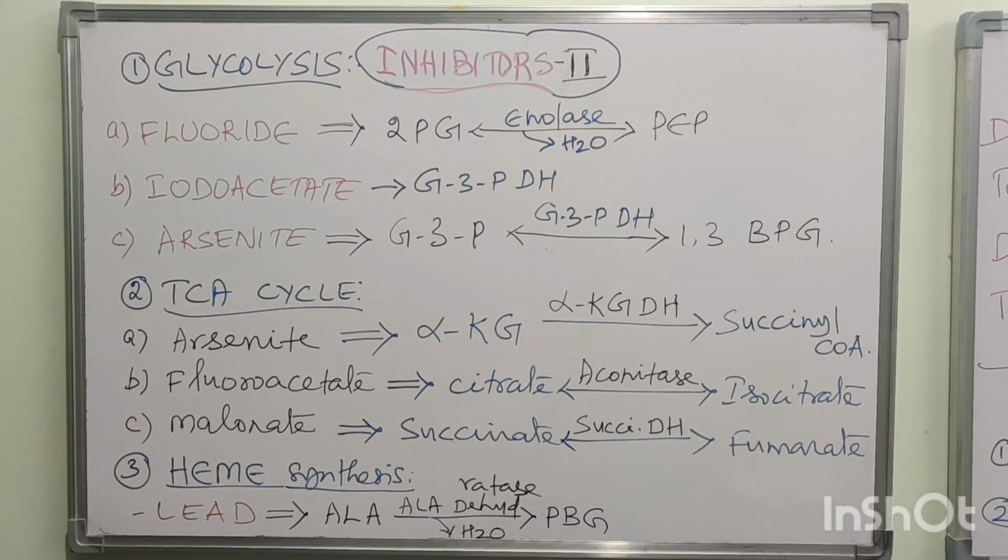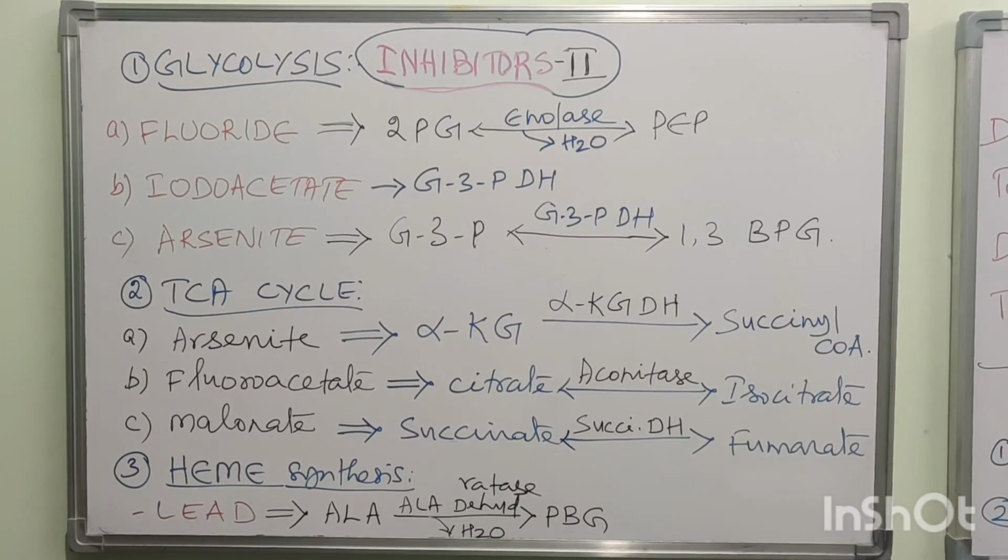This inhibits the enzyme aconitase, which converts citrate into isocitrate. Here the step is irreversible. And the third one is malonate, which is a structural analog of succinate. That is why it will affect the step of conversion of succinate into fumarate, right? So malonate inhibits the action of succinate dehydrogenase.